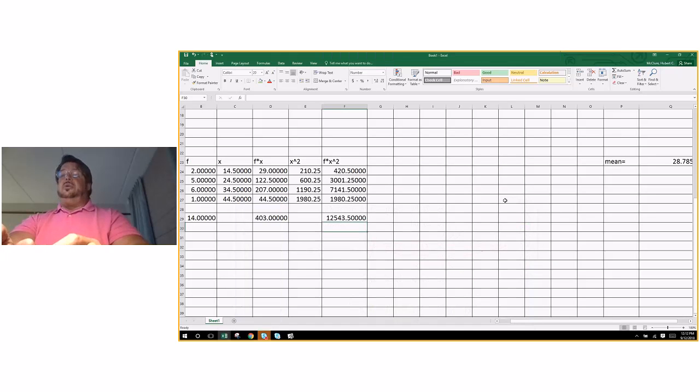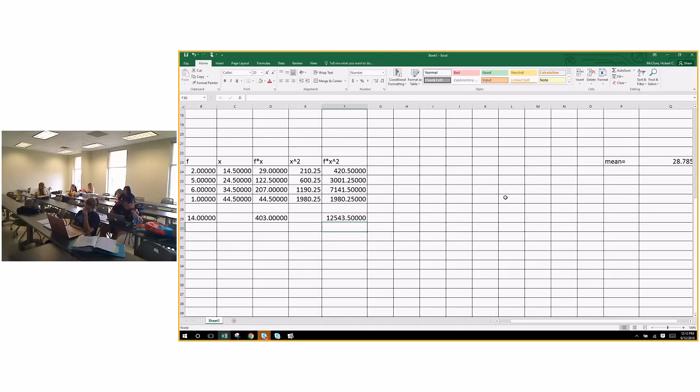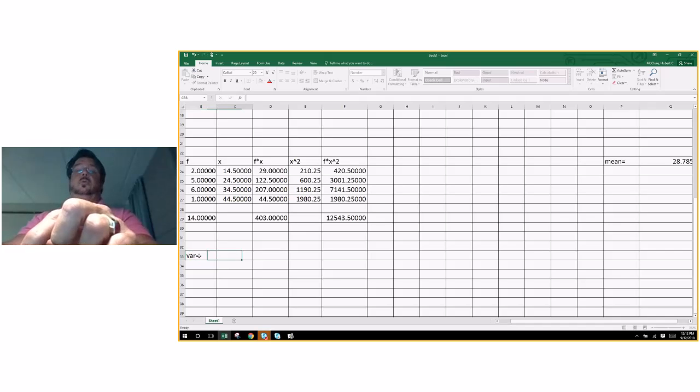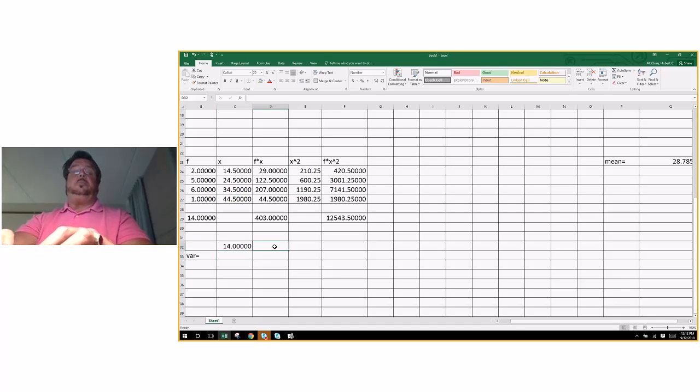I wish I could write it over here, but I can't. Hold on a second. Let me see if I can. No, I can't. So I'm going to go down here, and I'm going to put variance. All right, what is n? N is equal to 14. And I'm going to multiply by that. Okay, I'm going to put 14 right here for n. I'm going to color that. My favorite color is yellow.